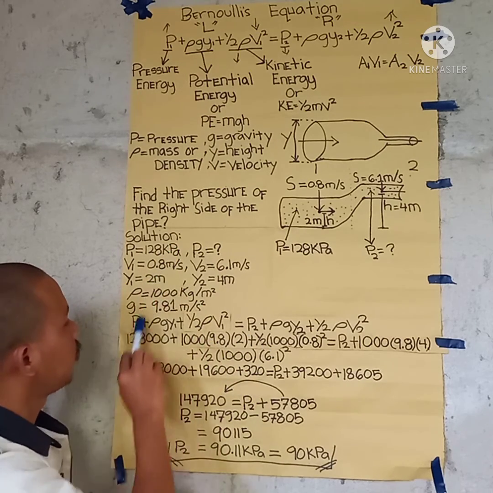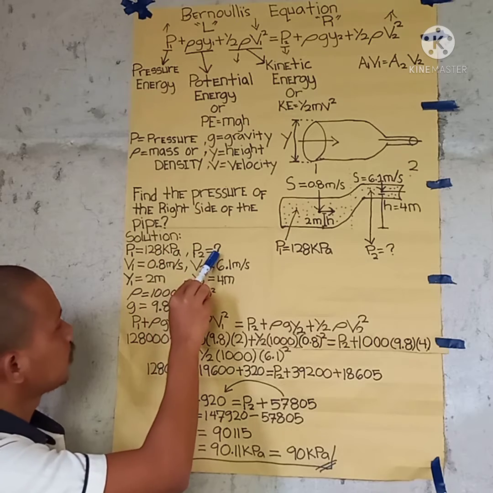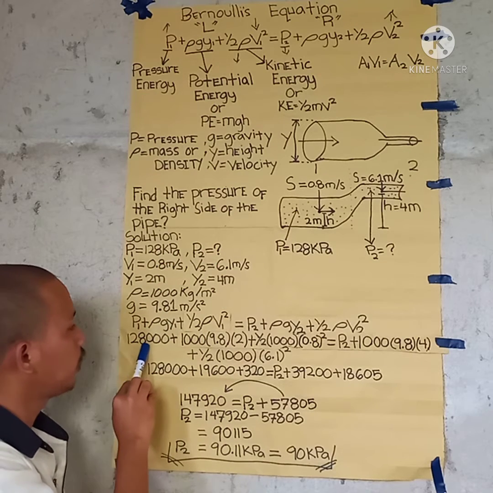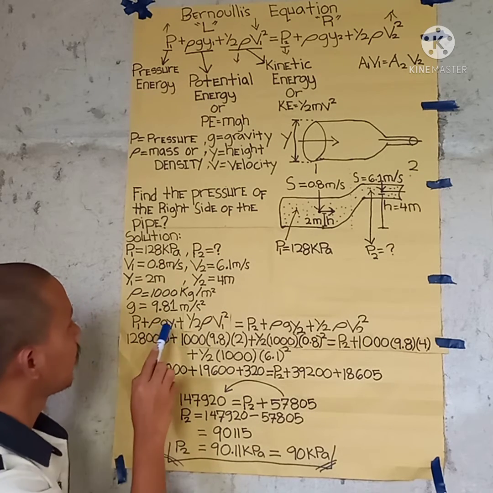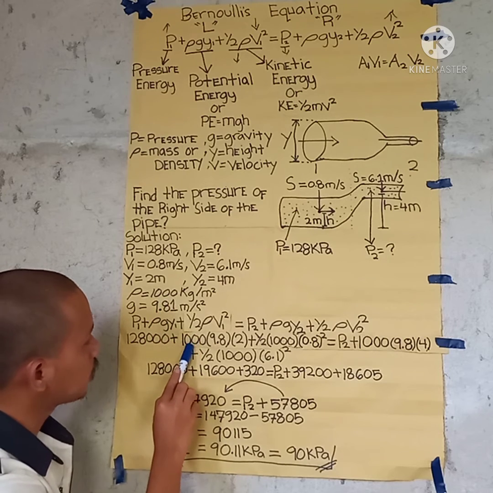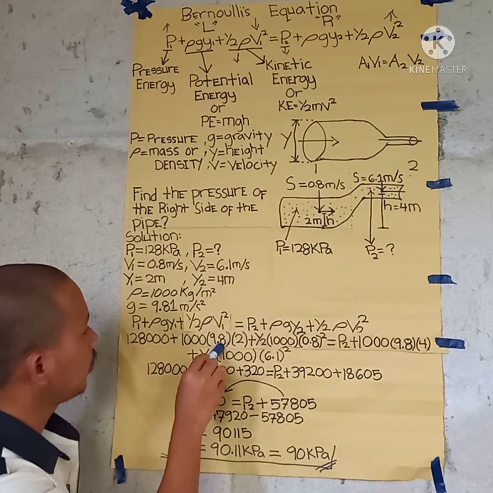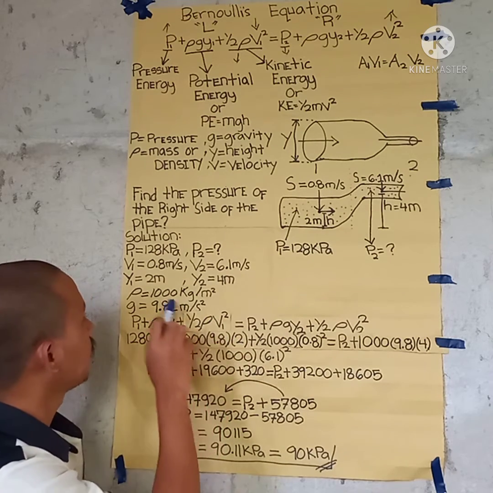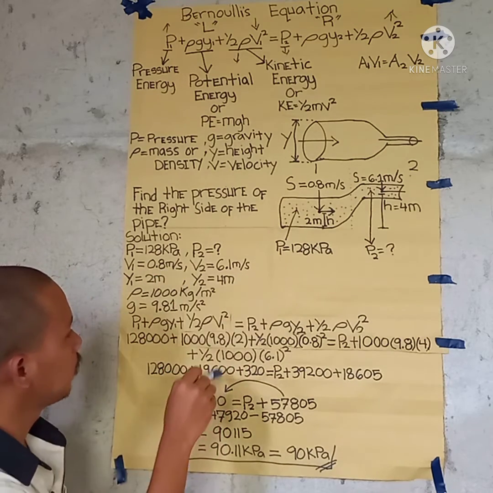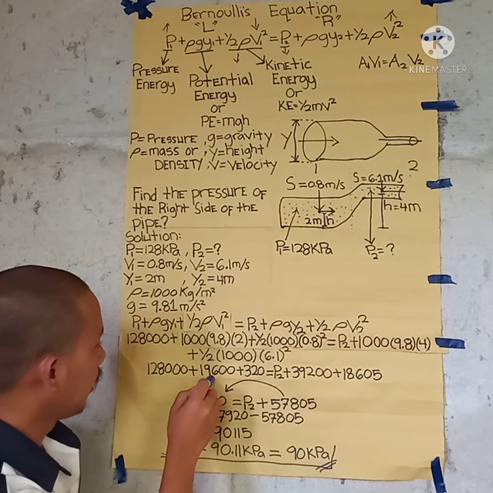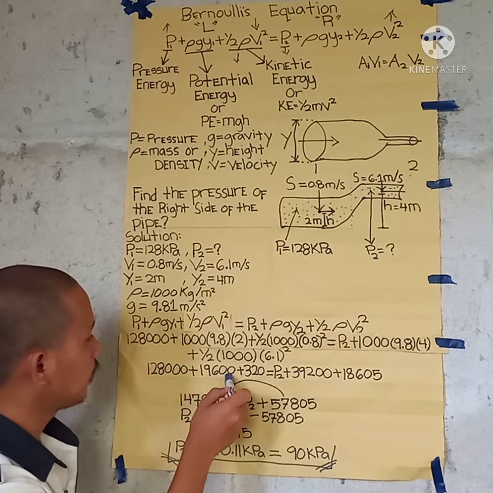So 128,000 plus the density of the water, which is 1,000, times 9.8, the gravity, times 2, the height of the left side, which is 19,600.